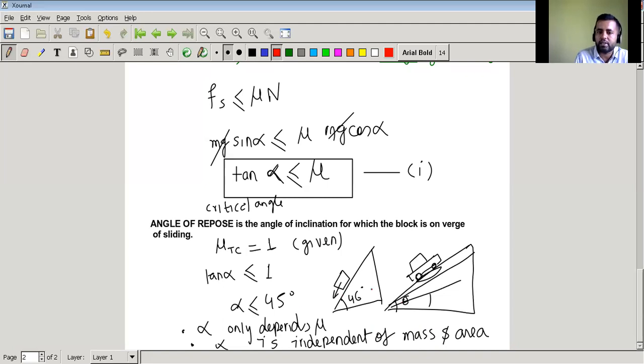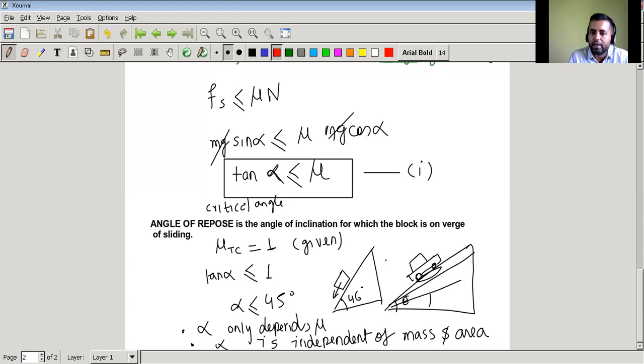So let us stay with the same example. If you have a small car and a big car, but both are parked here only, since the car tire material is the same, the angle of repose will be the same.